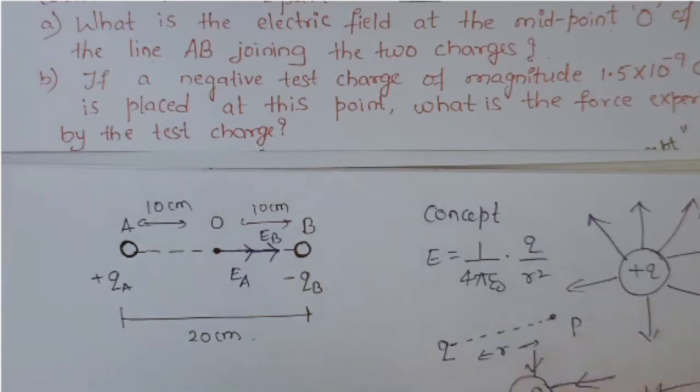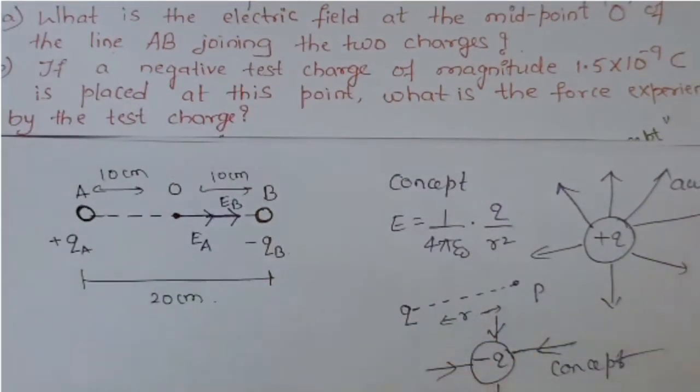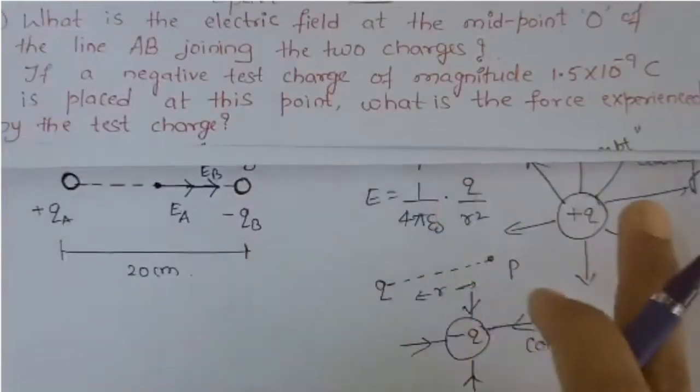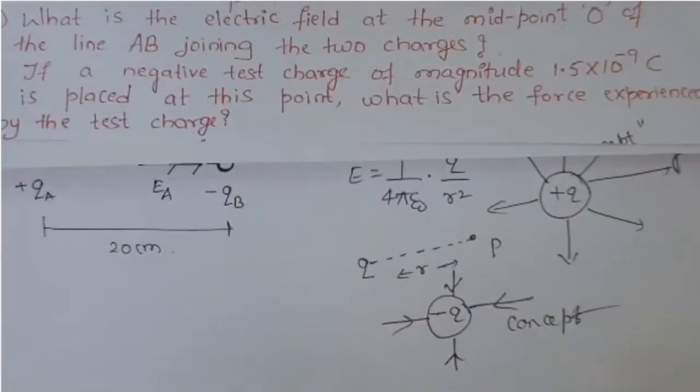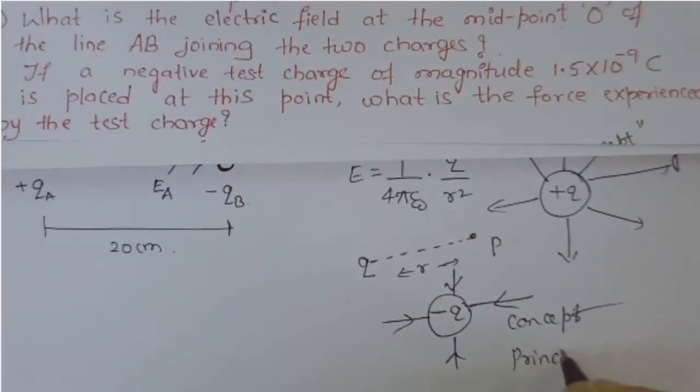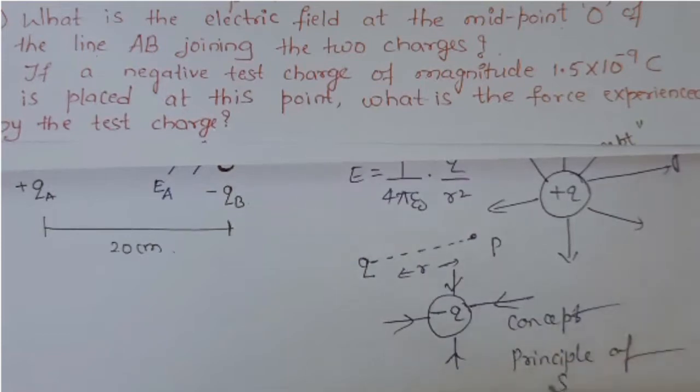So that means by applying principle of superposition, can we get the net electric field at point O? Clear? So next concept in use, see, 1 2 3 concepts. Next concept is what? Principle of superposition. So what it says?